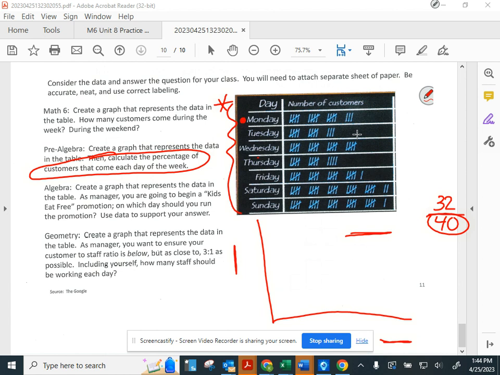The day of the week would be how many, like in the test example, how many you got right out of those. So this is how many customers came on that day out of how many total. So find the percentage for each day of the week. That's just my example. You're going to have to find the total number of customers, look at how many customers there are per day, and find what percentage those customers are out of your total customers.